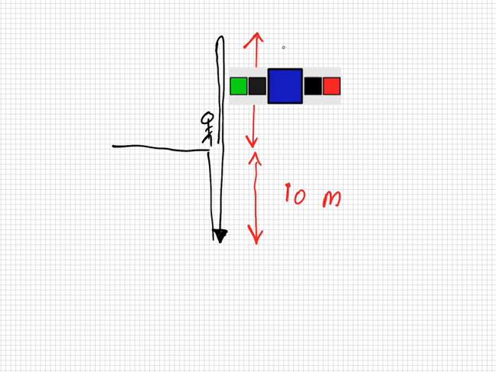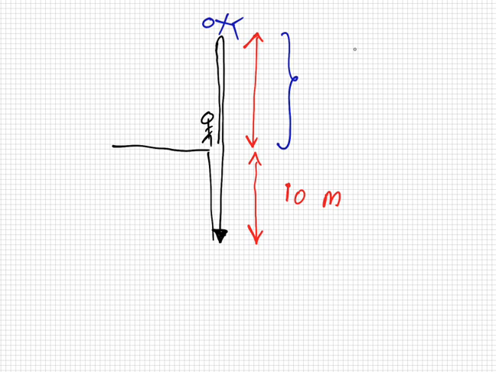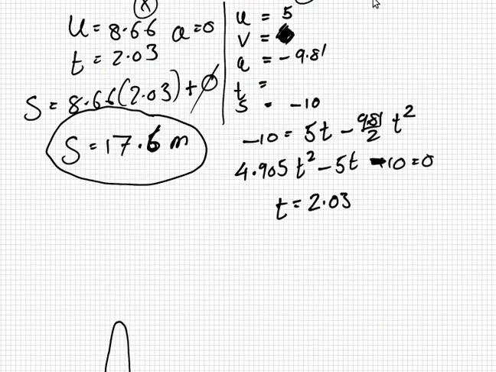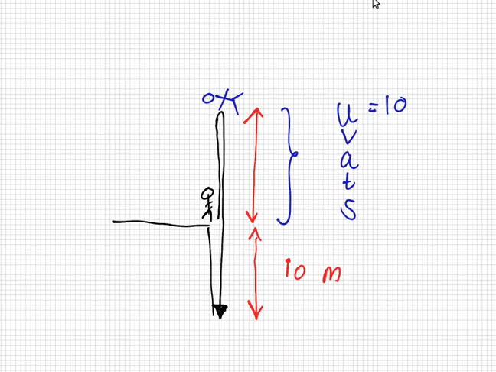Okay, so let's look at this journey here. Let's work out the time for him to get to the top. V, A, T, S. What's U? 10. It's the same man. It's still Batman. It's 10. What's V? 0. A? T? Don't know.